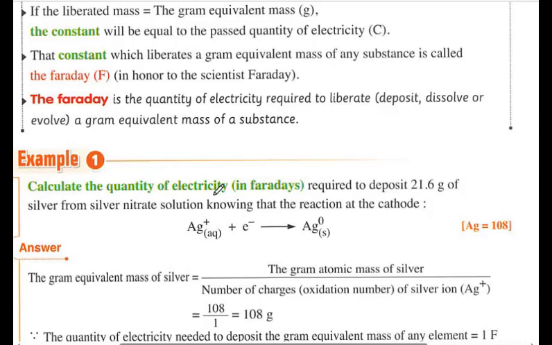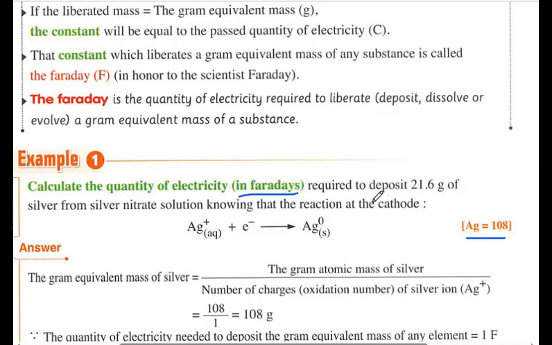Calculate the quantity of electricity in Faradays required to deposit 21.6 grams of silver from silver nitrate solution, knowing that the reaction at the cathode is Ag+ (aq) plus e- reduced to Ag (s). And he gives you in this example that the silver atomic mass equals 108.